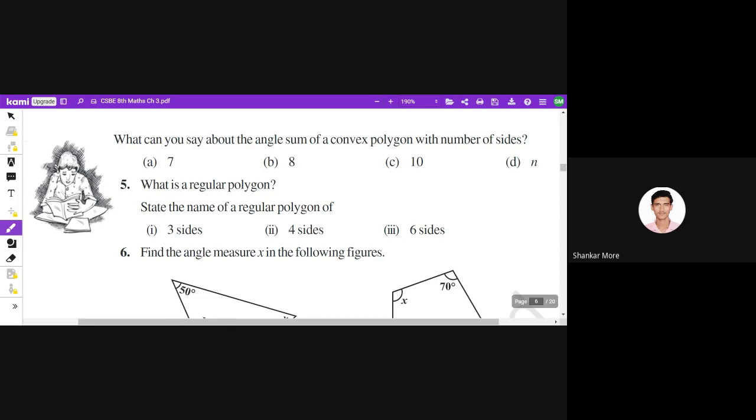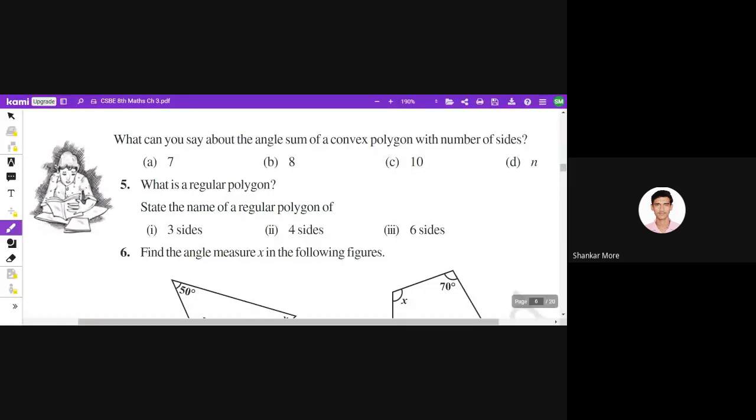For the second one, we will apply 8 minus 2 into 180, that is 6 into 180, which will be 1080. So this is how we can formulate a formula.